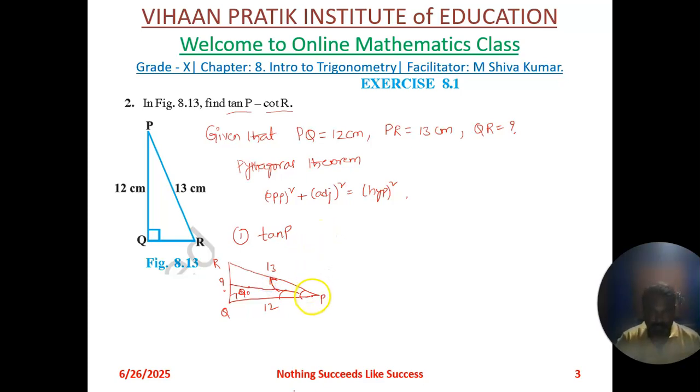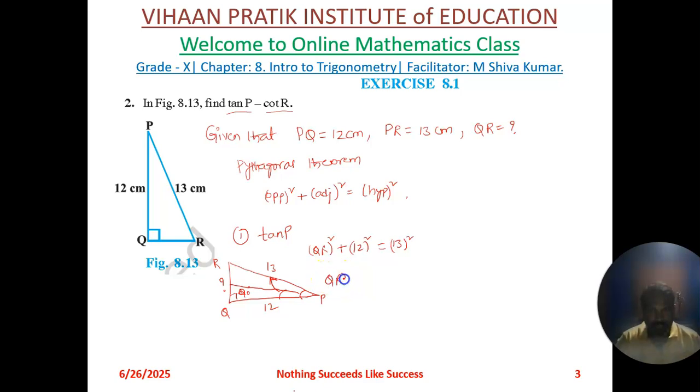The side opposite to the angle P is QR, which we don't know, so we will write it as QR square plus adjacent 12 square equals hypotenuse 13 square.